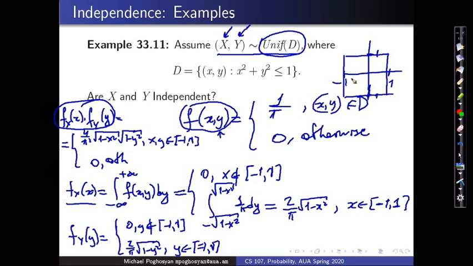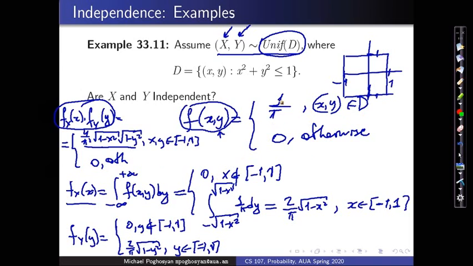This product is equal to this quantity inside this square, and it is 0 outside of that square.